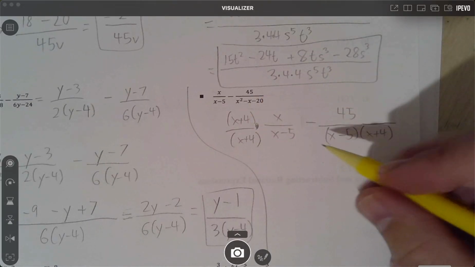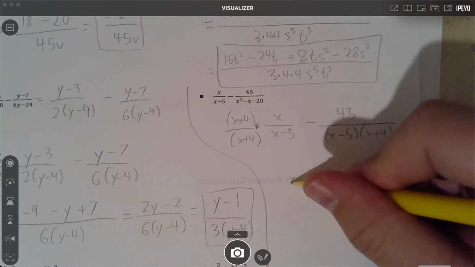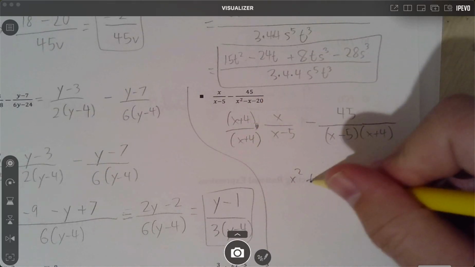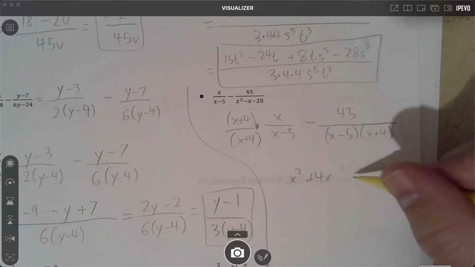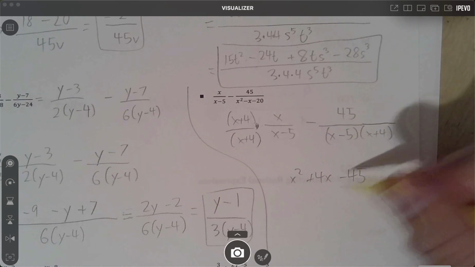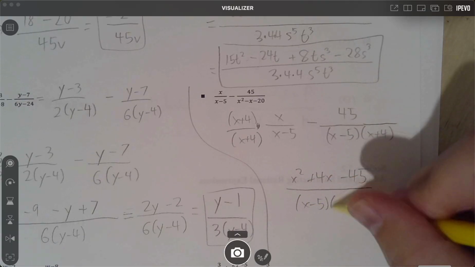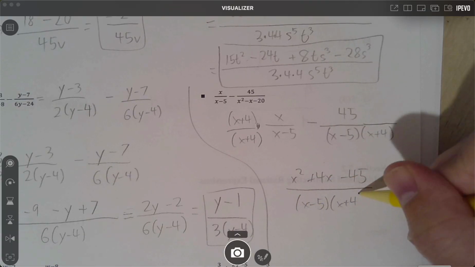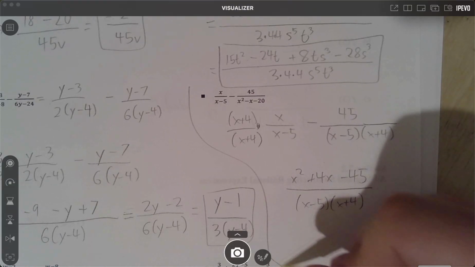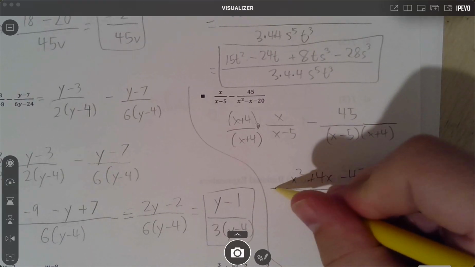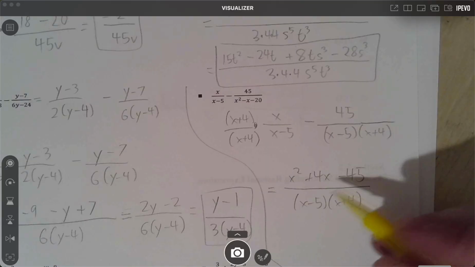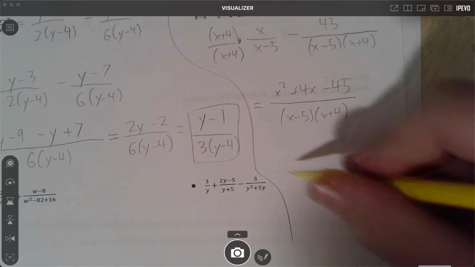Just to save some work there. x times x is x squared. 4 times x is 4x. A negative to that whole thing is, well, actually just negative 45. And I already have a common denominator, x minus 5, x plus 4. And unfortunately, this numerator can factor.